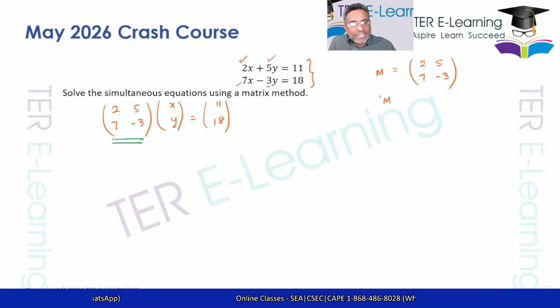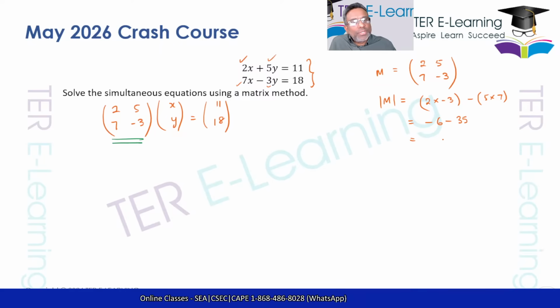So step 1, let's find the determinant. The determinant will be 2 by minus 3 minus 5 multiplied by 7. So this is going to be minus 6 minus 35, and this is going to be minus 41.